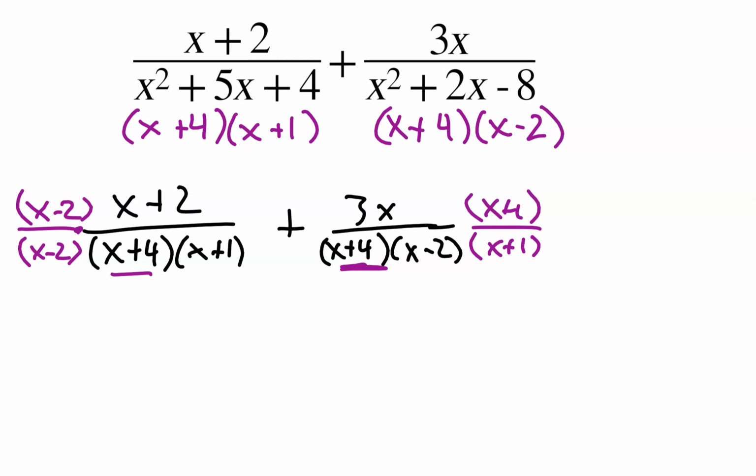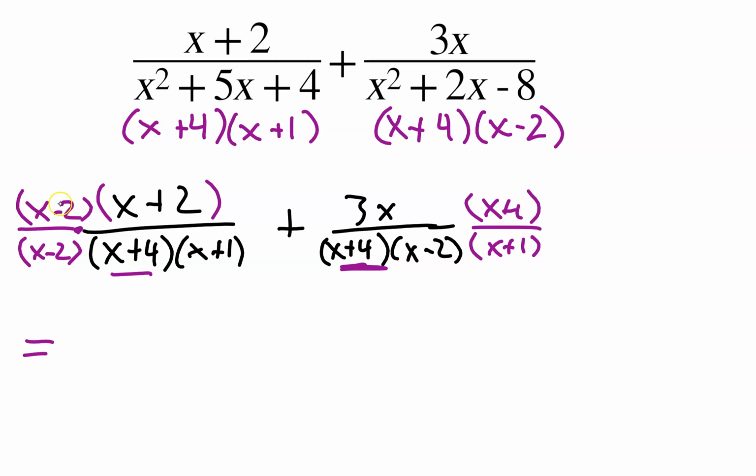Now you can see these two expressions have the same thing in the denominator. I have an x minus 2, an x plus 4, and an x plus 1, and I have that in both of them. All I have to do to finish, now that I have the same denominators, is distribute everything on the top so that I can combine my like terms and be done.